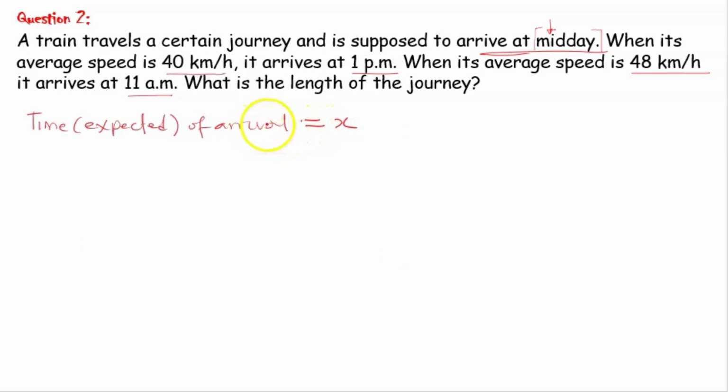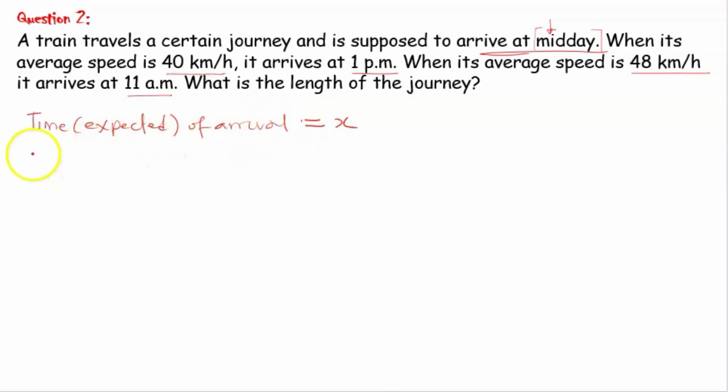I'm making this in terms of x because I can see that both journeys, depending on the speed, have to do with the time, and is a function of this particular expected time of arrival. But we see that the first one arrives at 1 p.m., which, if the midday happens to be 12, for example, means it has added an hour, while for the other one an hour has been taken away from it. So I'm going to let the expected time of arrival be x.